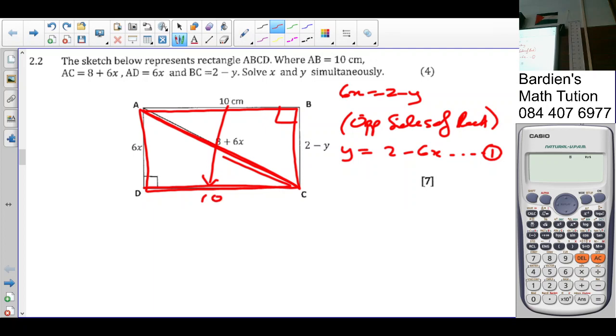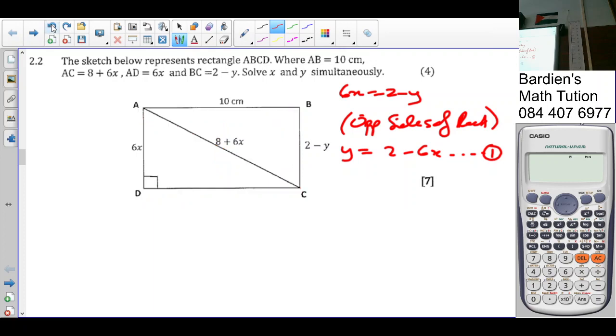So I can apply Pythagoras. Let's check if that's going to work. So I'm working in triangle ADC.